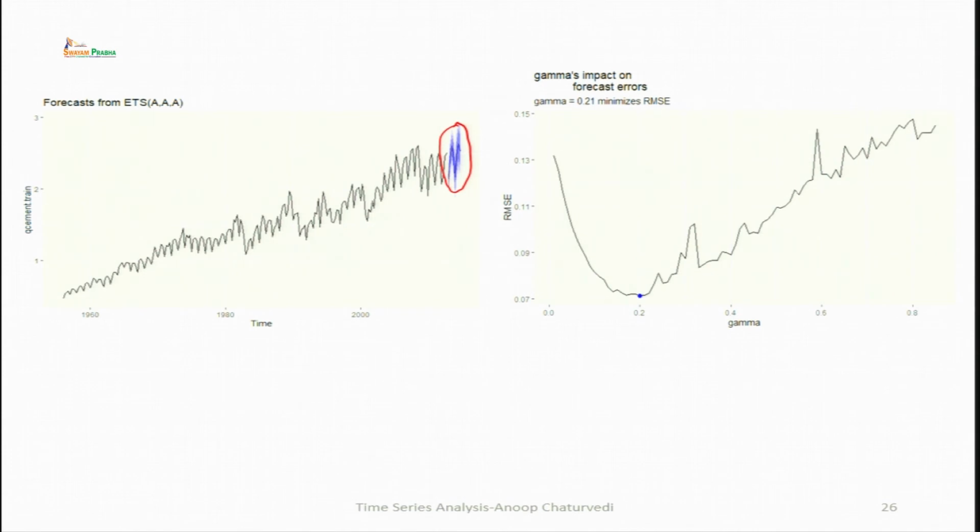In the second procedure, since you are taking care of the trend component, you are in a better position, you get slightly better forecasts, but still there is possibility of improvement.